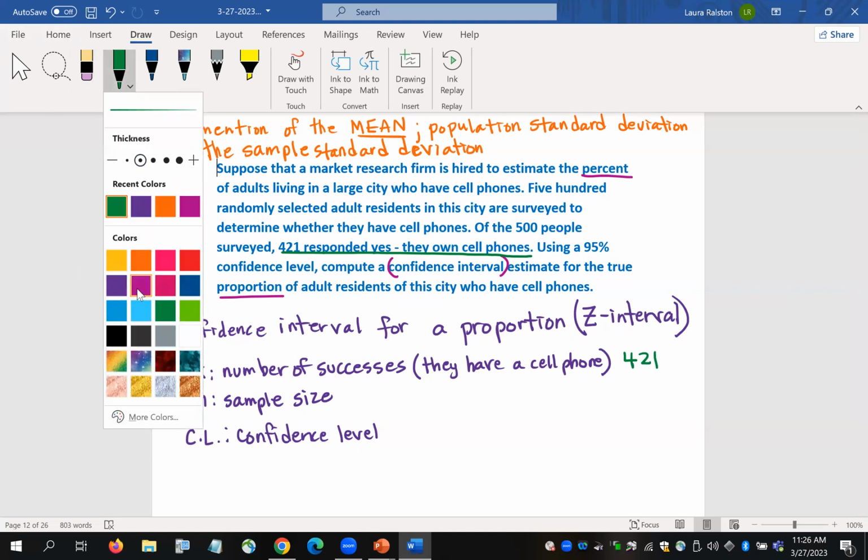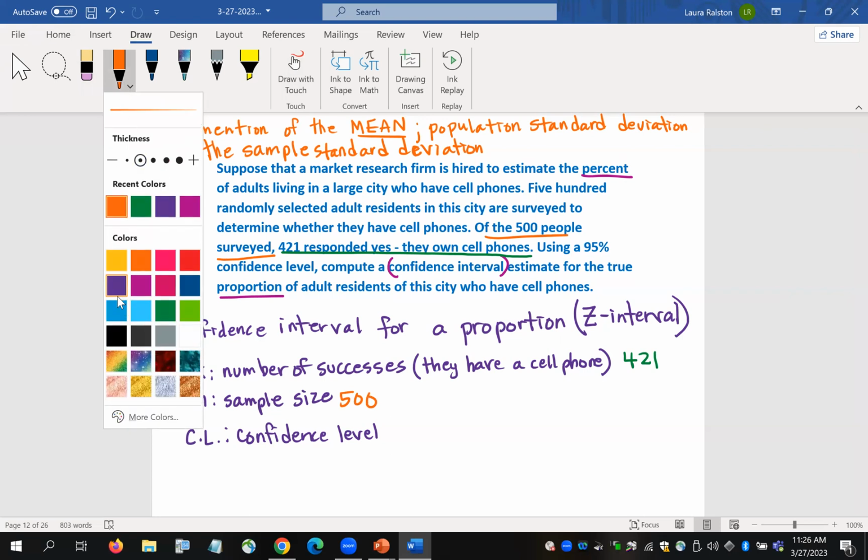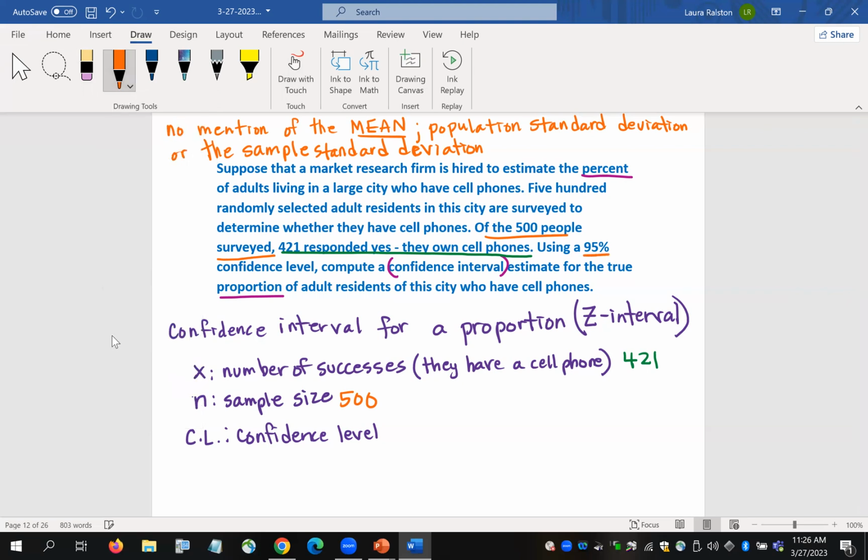And I sampled 500 people. There were 500 people in the survey. And my confidence level is 95%.